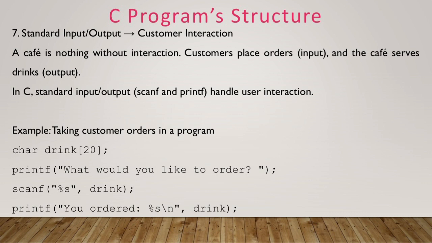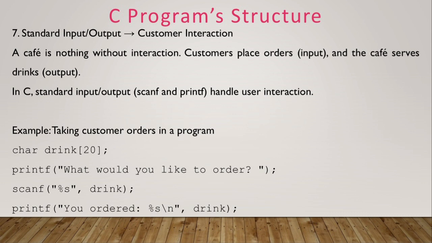Okay, let's move on to the next part. The next part is standard input output. Input output means interaction. Whenever we both are communicating, sometimes I am speaking, that is output, and you are listening, that is input.